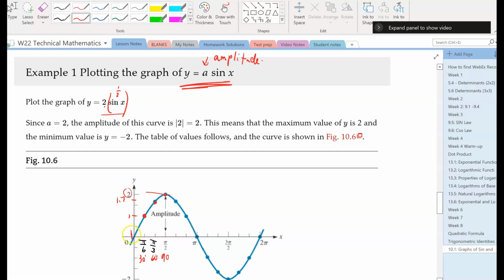The period is still 2 pi, or 360 degrees. But it's been pulled up at the 90, pulled down at 270, and it still maintains that same wavelength. Notice something about these. They don't do this.